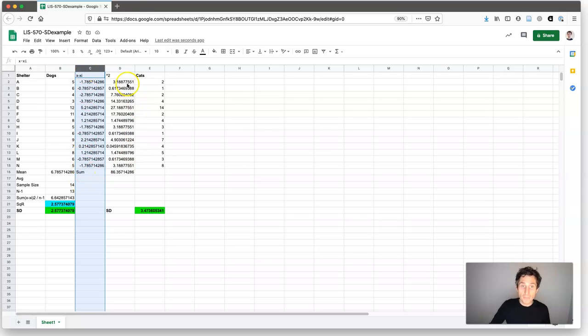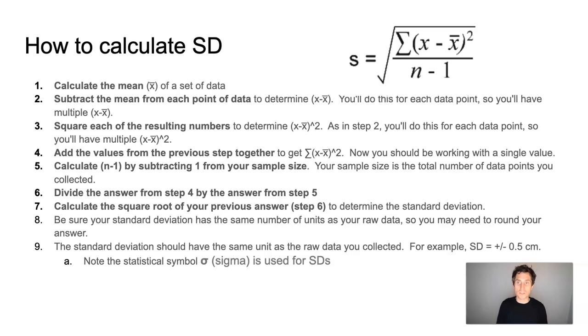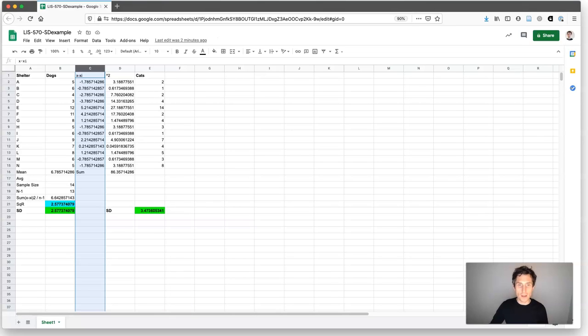But then what our standard deviation tells us to do is take our observation minus our mean, and square it. That is, we square each of our data points. So back in our data sheet, we square that, and we have the answer here. We've gone from our observations, subtracted the mean, and now we've squared that number.